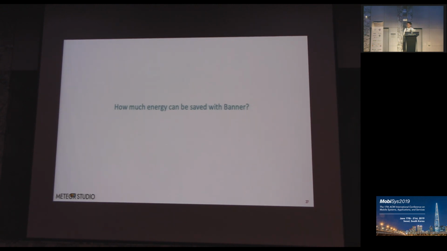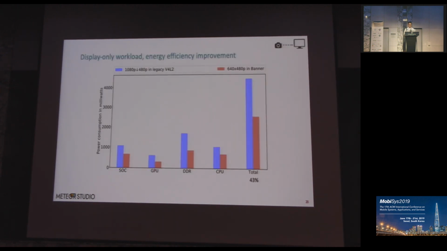Now we understand that resolution reconfiguration latency is reduced, but how much energy can be saved with Banner? In the display-only workload, compared with downsampling from 1080p to 480p, all components on board working at real 480p consume less power, which in total consumes 43% less power.